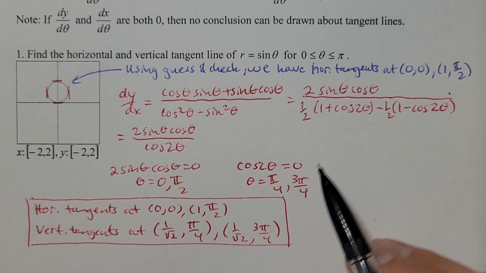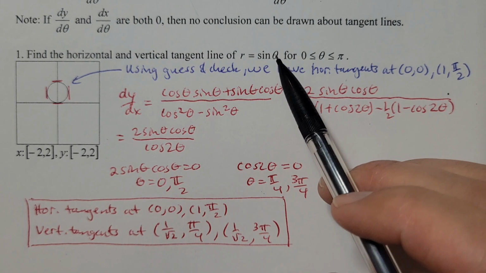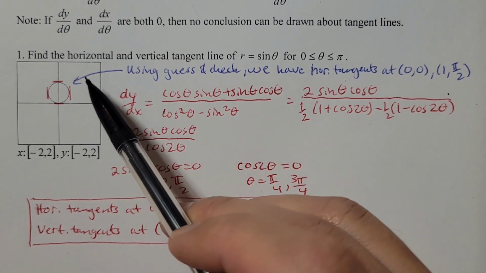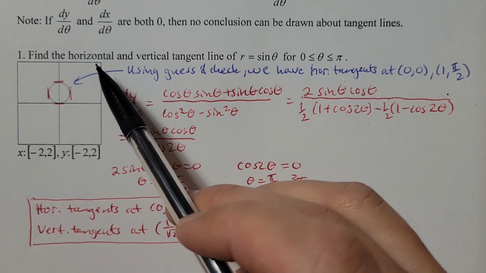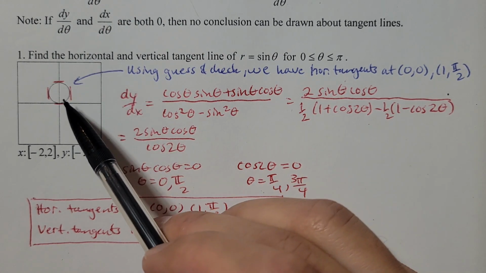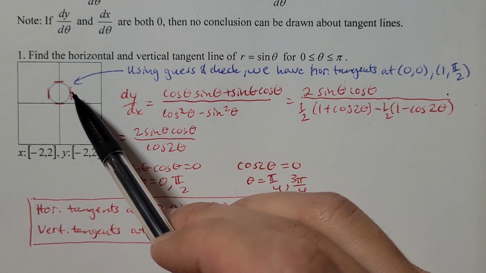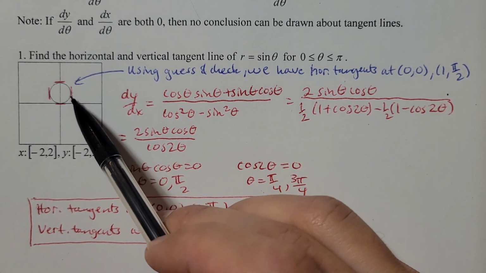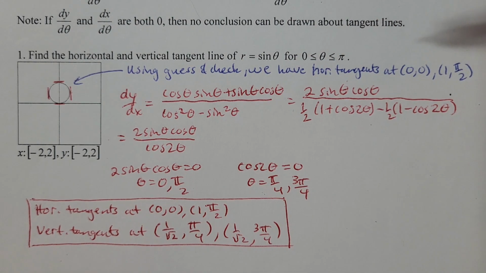So sine of pi over 4 is 1 over root 2. On the pi over 4 axis, I need to go out 1 over root 2 units, or about 0.707 units, to get to this spot. That's where I'll have my first vertical tangent line.